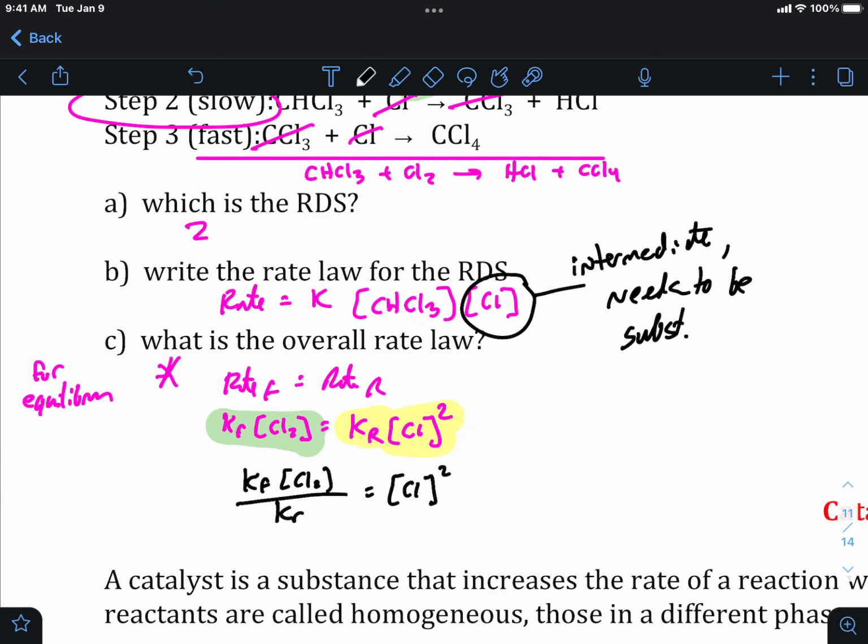So we want to take the square root of Kf Cl2 over Kr, which is equal to Cl.